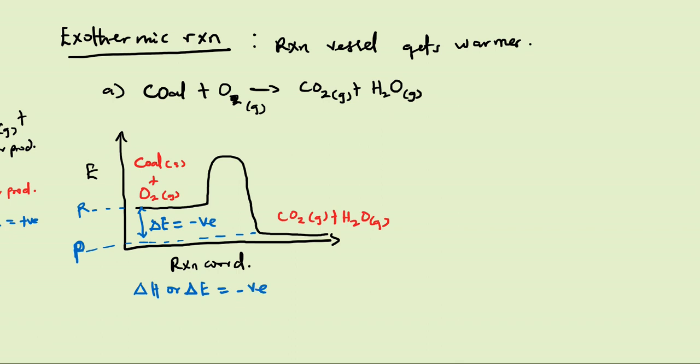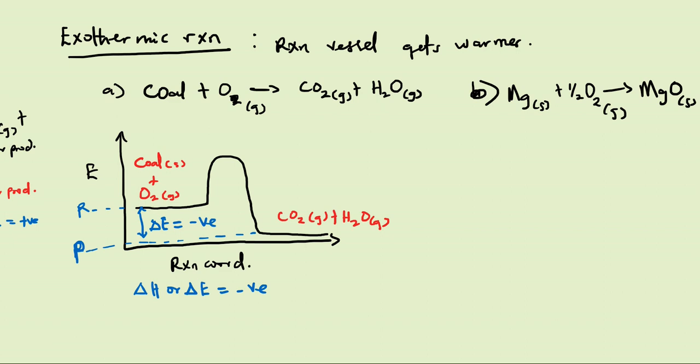So another example of exothermic reaction is when you react magnesium with oxygen to form magnesium oxide.